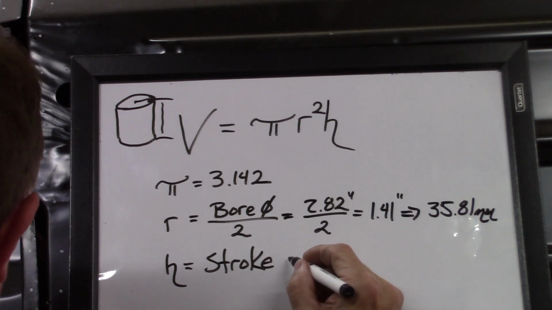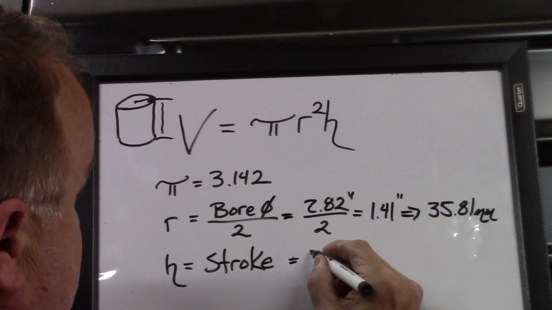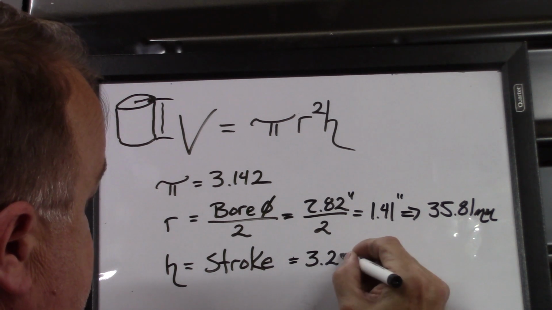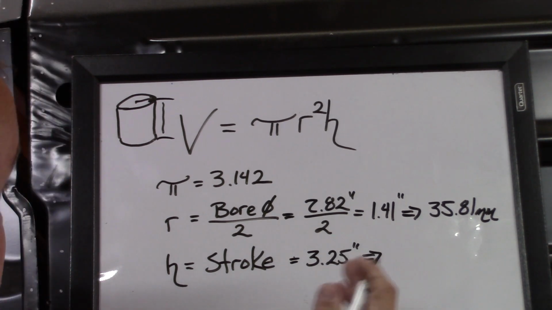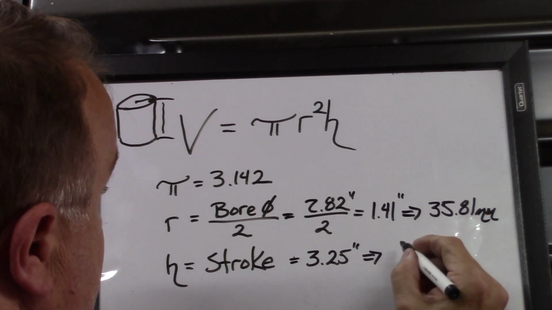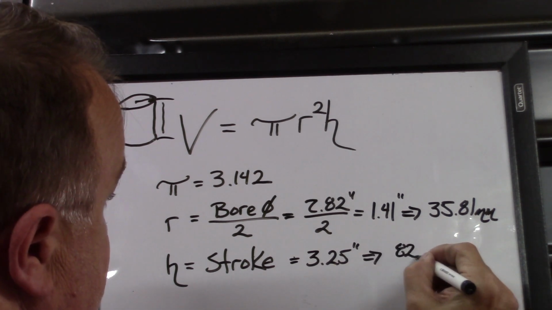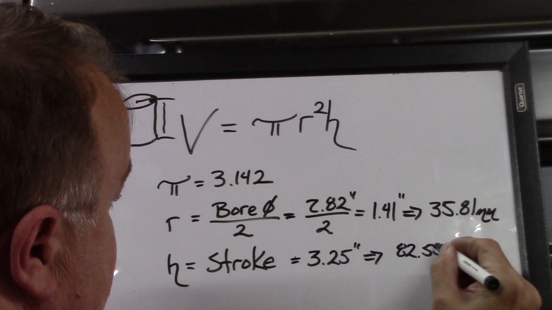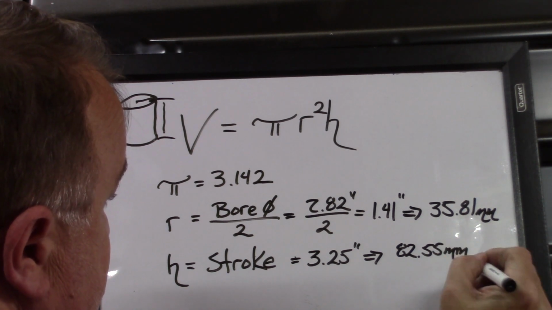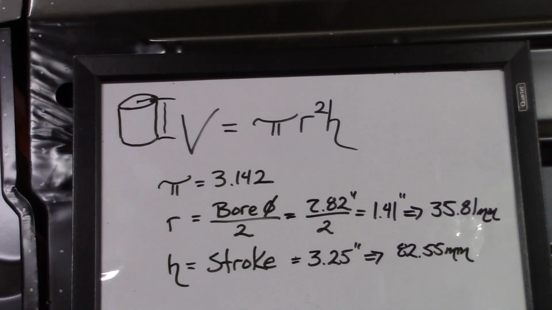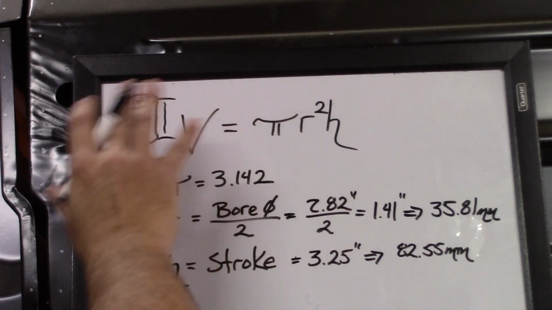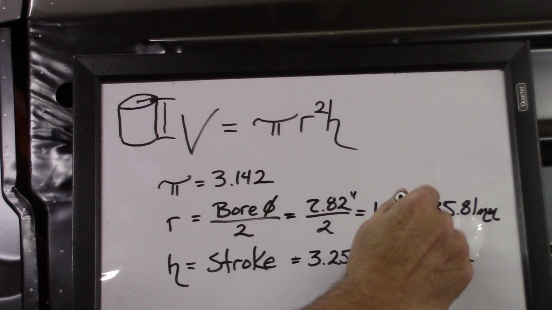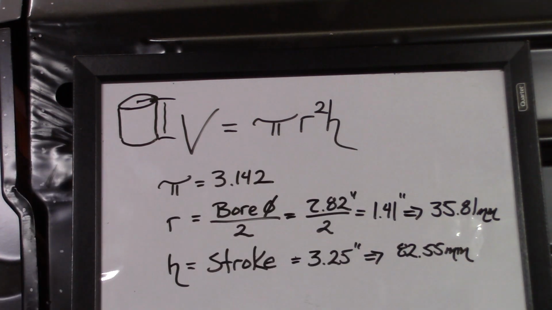The stroke, I measured it out to be 3.25 inches. You convert that to millimeters, you multiply by 25.4, you're going to get 82.55 millimeters. Now my whiteboard is small, so I'm going to have to erase this and start over. So I'm going to write these numbers down, and then we'll start over.